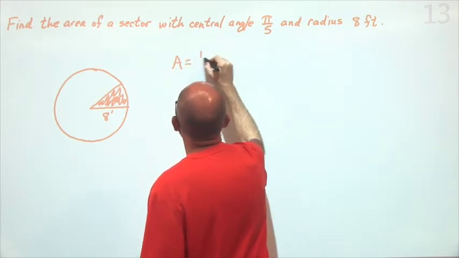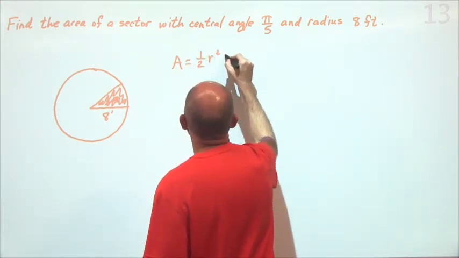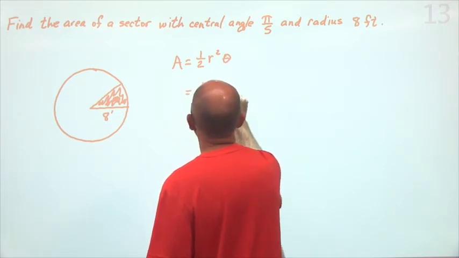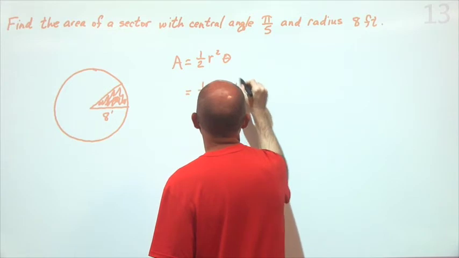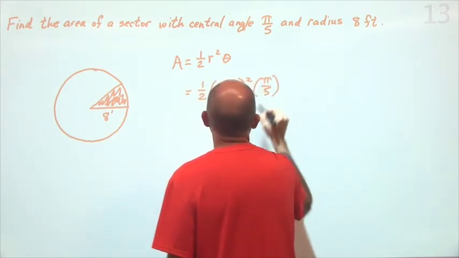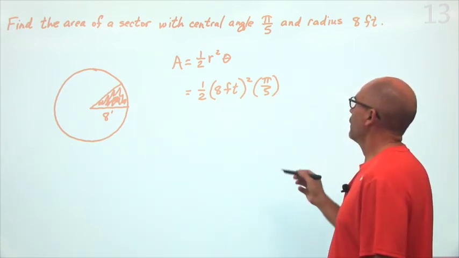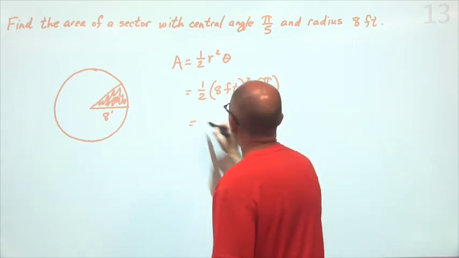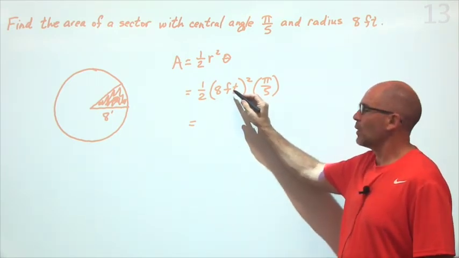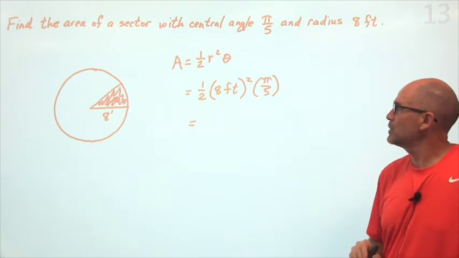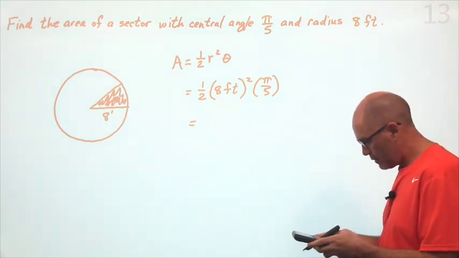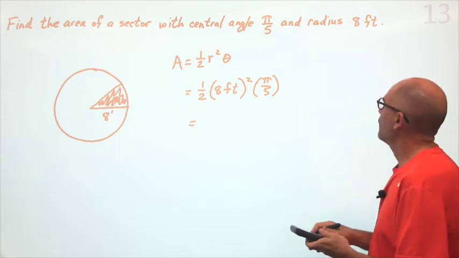Area equals 1/2 r squared theta. So that equals 1/2 times 8 feet squared times pi/5. And notice no units required here for the angle. So that's it. I just have to crank that out. So 1/2 times 8 squared is 1/2 times 64, which is 32. And 32 divided by 5 is 6.4.